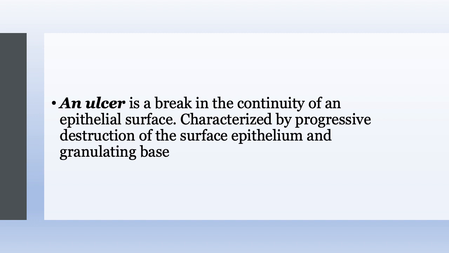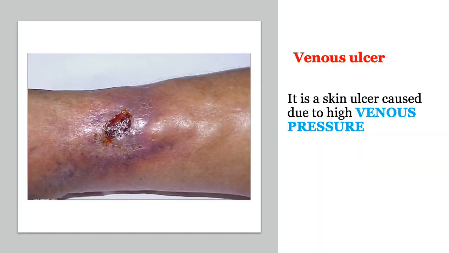In general, an ulcer is a break in the continuity of an epithelial surface, as you know, characterized by progressive destruction of the surface epithelium and granulating base. So, venous ulcer is a skin ulcer caused by venous hypertension. Let's say high venous pressure.